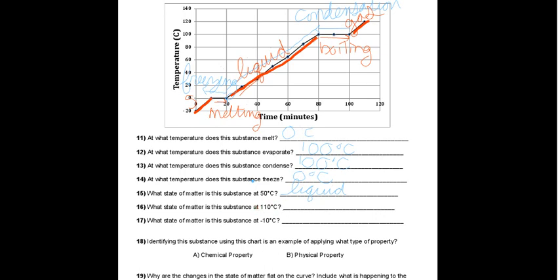Find 110 up on your graph. Right here, go over. What state do you have? You have a gas. Next one, what is the state of matter at negative 10 degrees? That's here. And it meets the graph right here. So you have a solid.